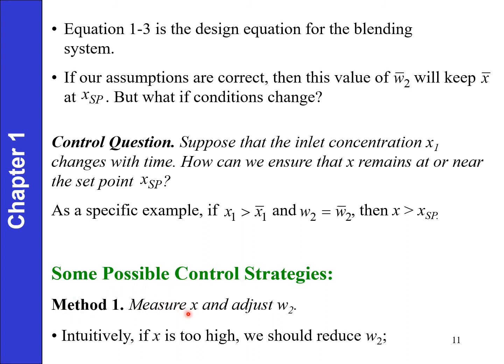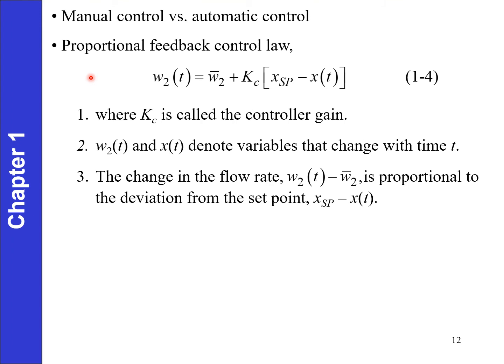So we have to change the control strategy. Method 1: we measure X and we adjust W2. Then we change from manual control to automatic control with a proportional feedback control law, which we name equation 4. What is Kc? Kc is called the controller gain, and W2 and X denote variables that change with time.